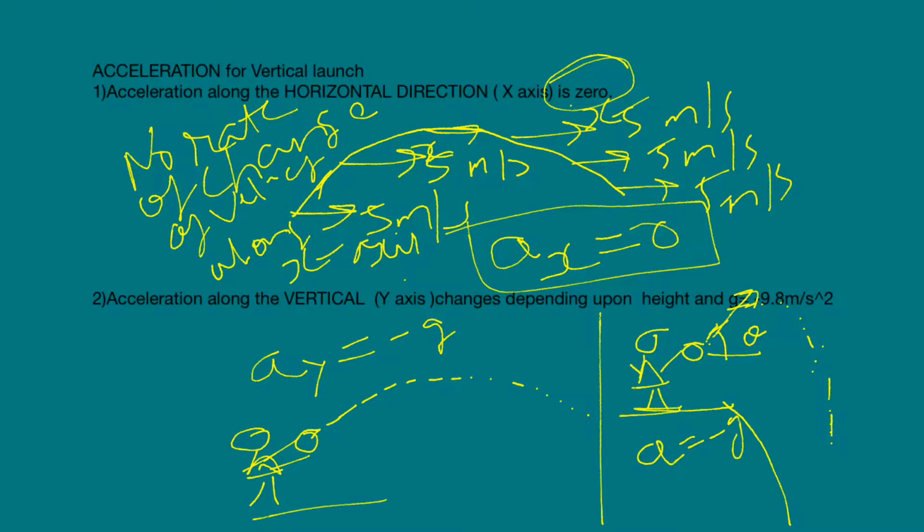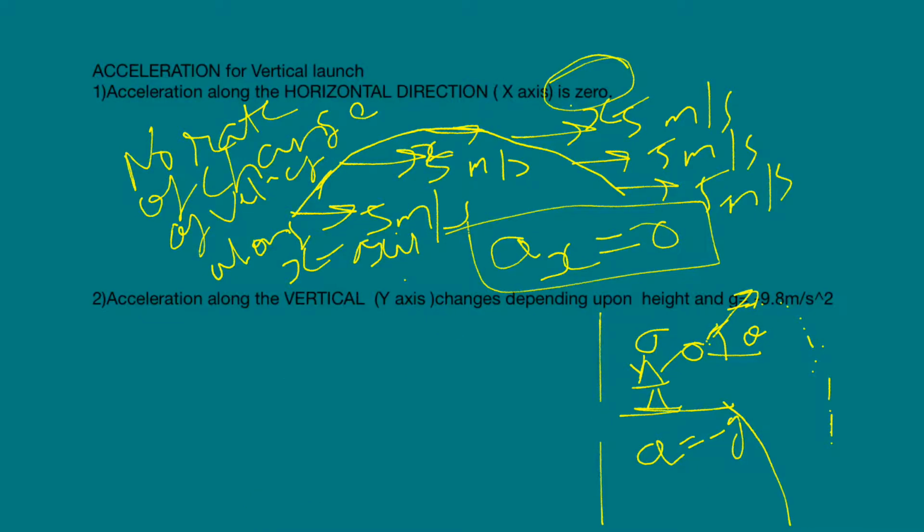But in the third case, suppose a boy is standing on a cliff. Instead of throwing it upward, he is just dropping the ball. So the ball will fall like this.